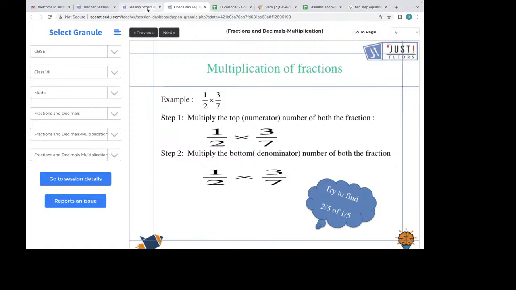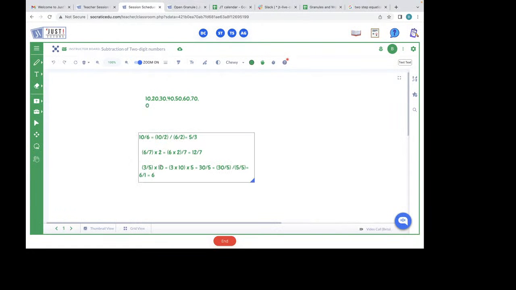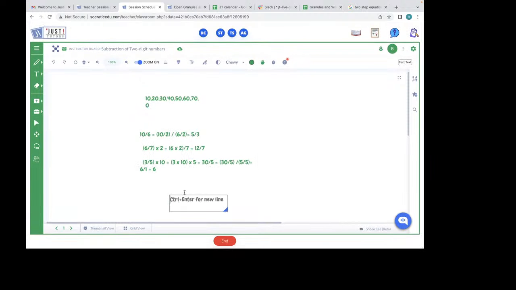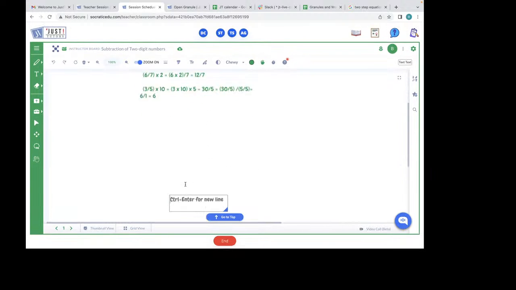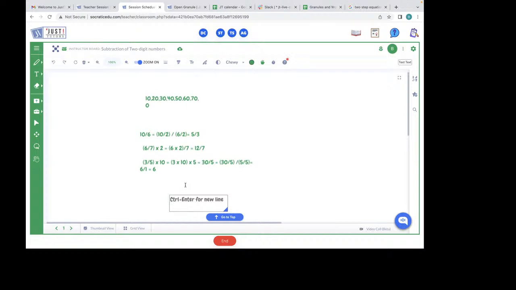Now let me show you this with again an example. Let's say we have this example in here, 2/3, and we have to multiply this by 4/5.